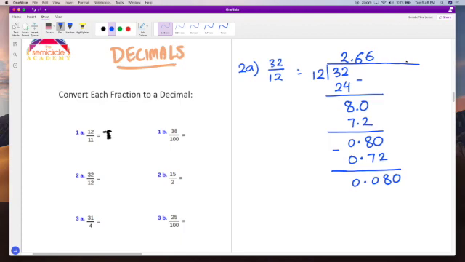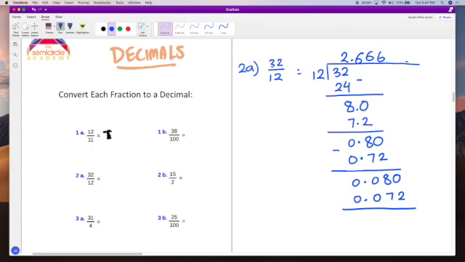Can 12 go into 80? Yes, 6 times. And now I'll get 72. But look at that, Kyla. Do you think that this is ever going to reach the 7? No, not at that rate. Not at this rate, right? This is never going to reach the 7.